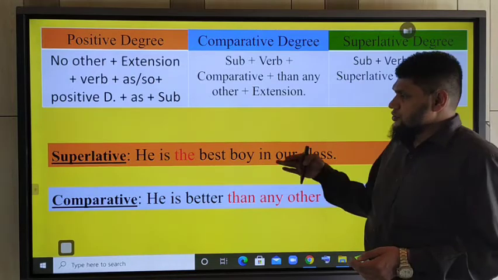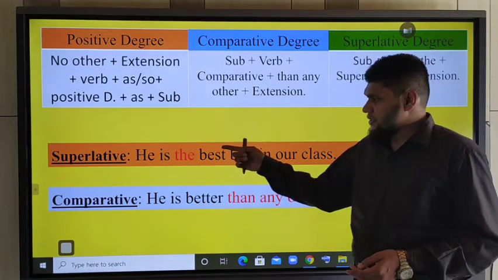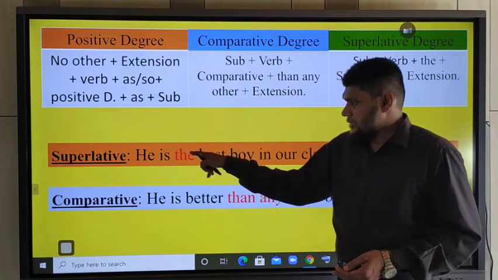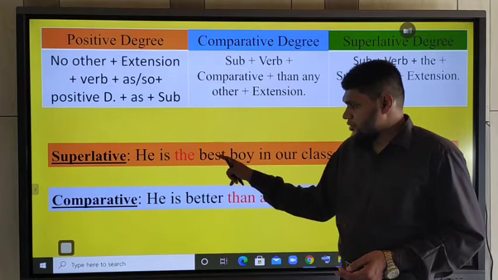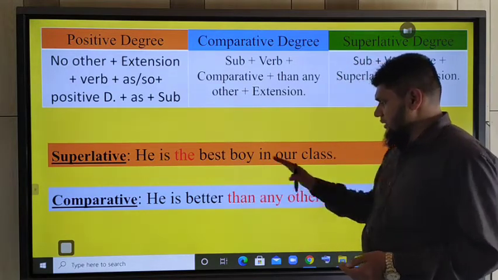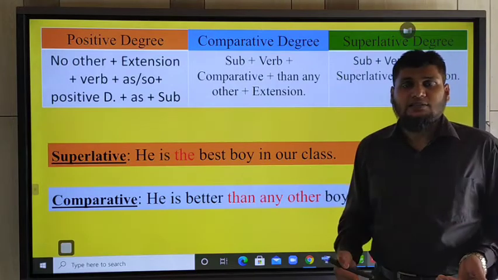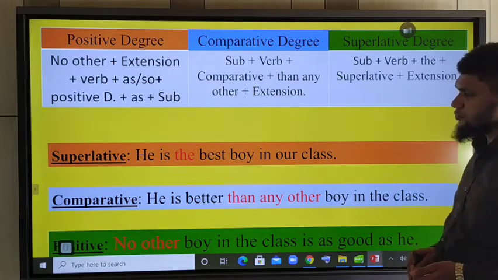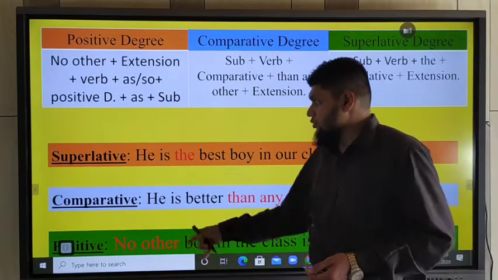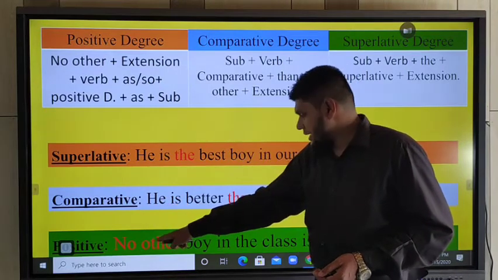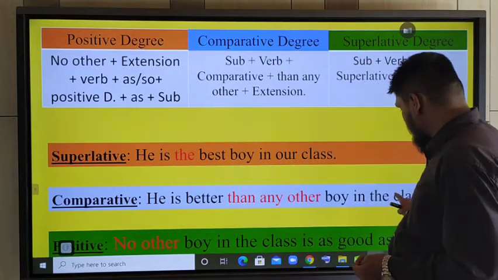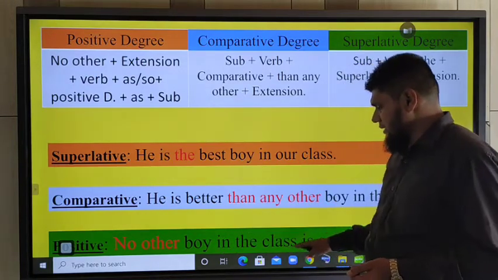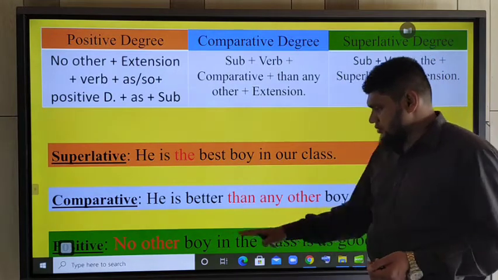And if you want to change comparative degree to superlative degree, you should use subject and verb, then you should use article the before the superlative form, and then you should avoid then any other, and you should use the extension part. It's very easy. Okay, so if you want to change it into positive degree, that time you should use no other at first, and you should use the extension of the sentence, boy in the class, and then you should use the verb according to the subject.